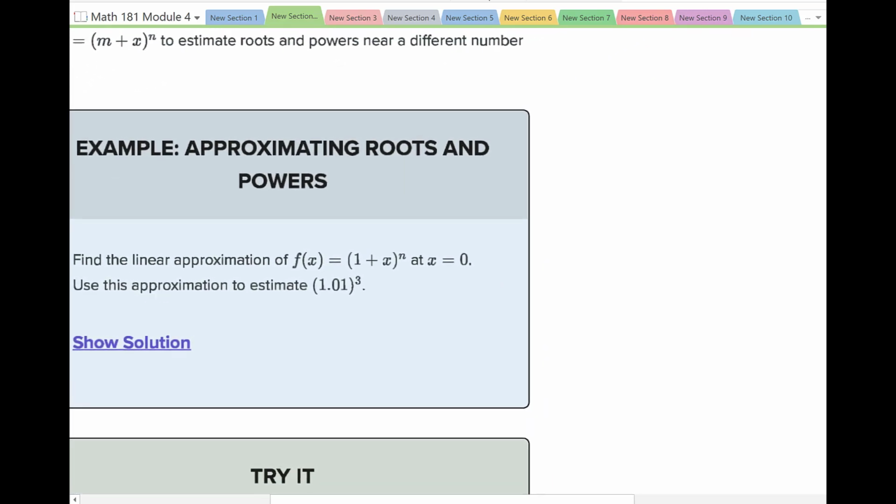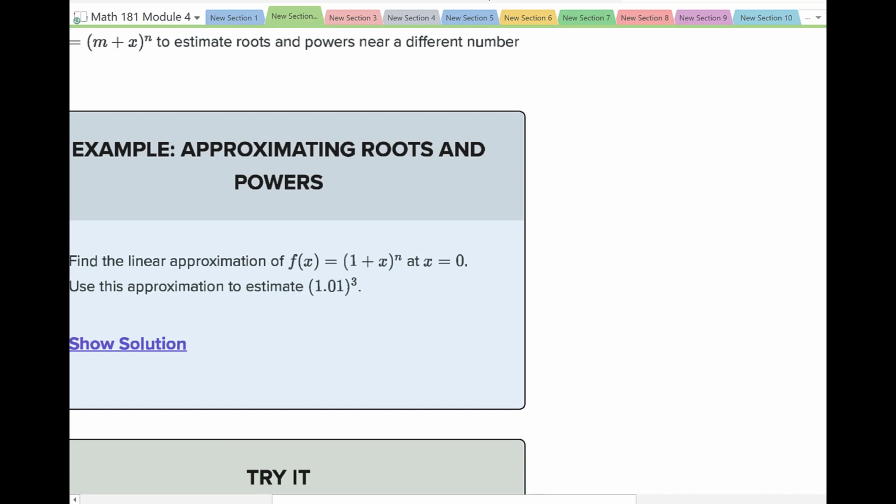Find the linear approximation of f of x equals 1 plus x to the n at x equals 0. Use this approximation to estimate 1.01 to the n. So I want to stress here, this one, I was working through it a couple of times, and just that this x must be 0.01 because we're talking about 1.01 and 1 plus x.